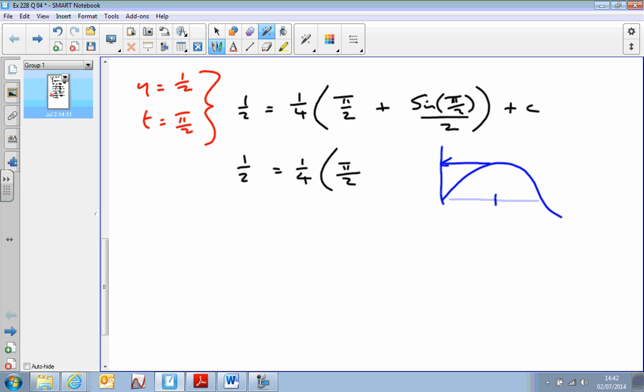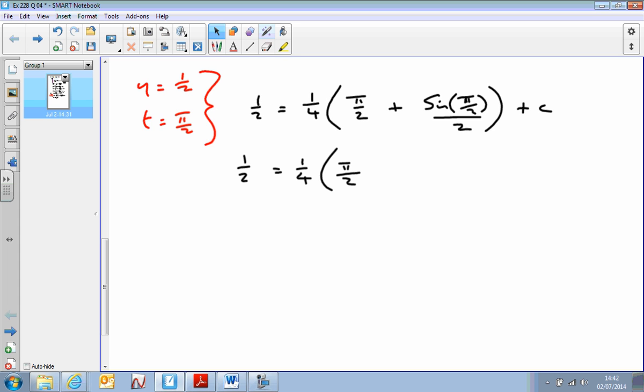So actually it's 1, which you might remember, or you did it on a calculator. One thing to be absolutely clear of when you're using a calculator is that, of course, we're in radians because of this pi over 2 here. So we must be in radians. So sine pi over 2 is just 1, so that gives us a half plus c.